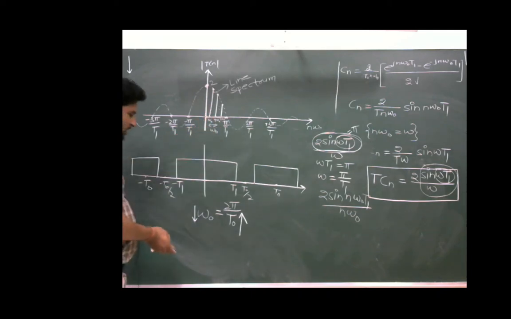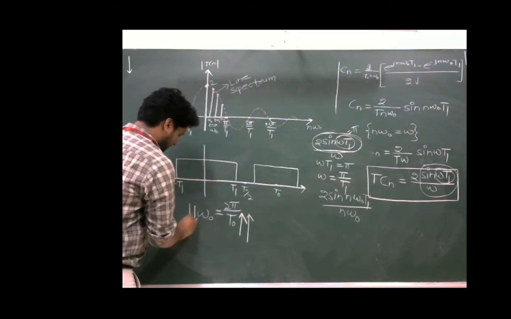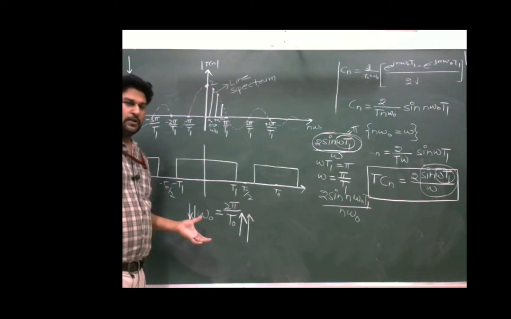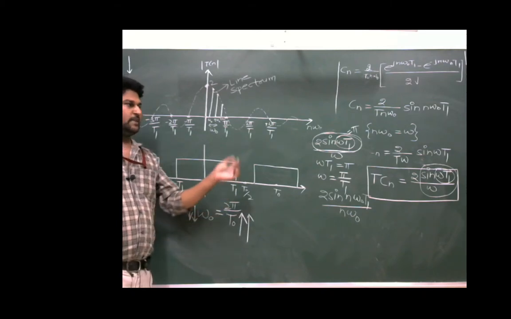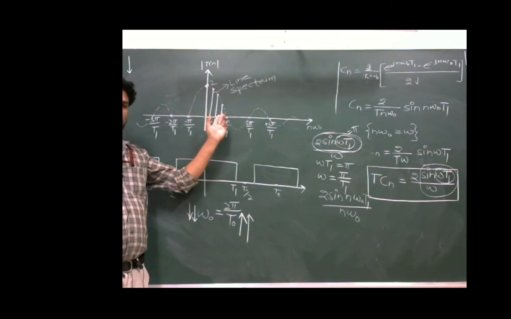If T naught keeps increasing, the value of omega naught will keep decreasing, and the separation between these two lines will keep decreasing.